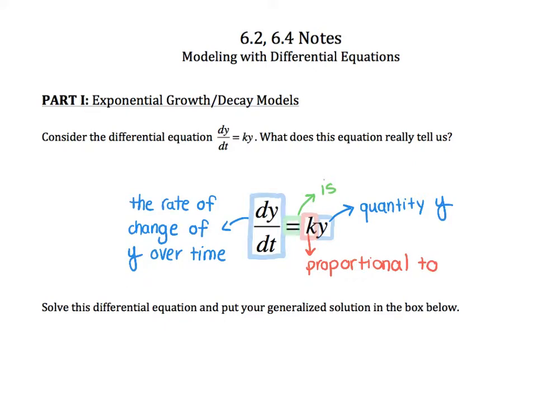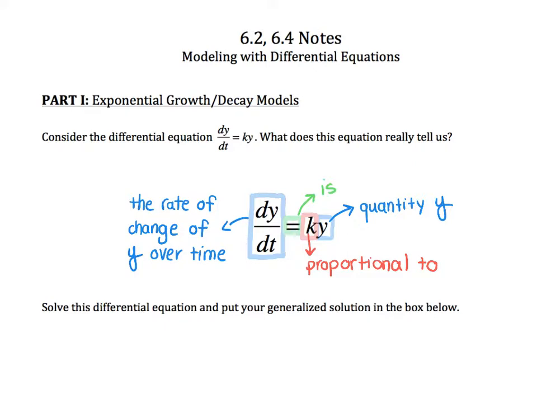So now if we read this out, interpreting this in English, what this is really saying is the rate of change of quantity y over time is proportional to quantity y itself. That's interesting.